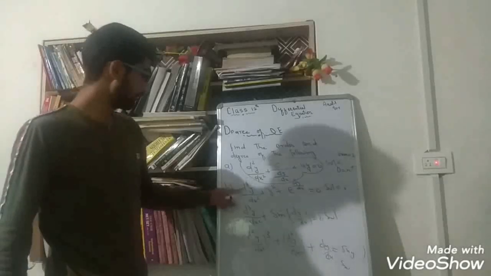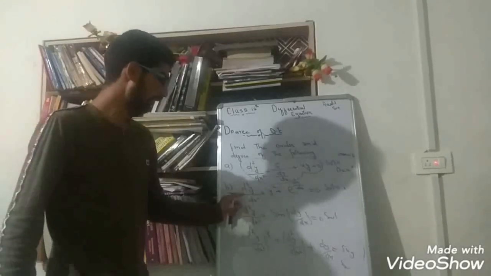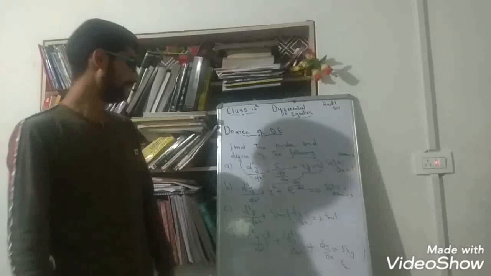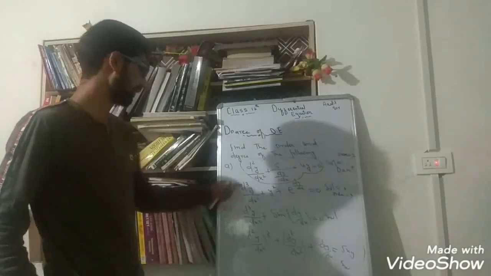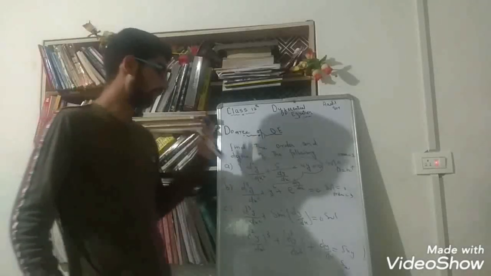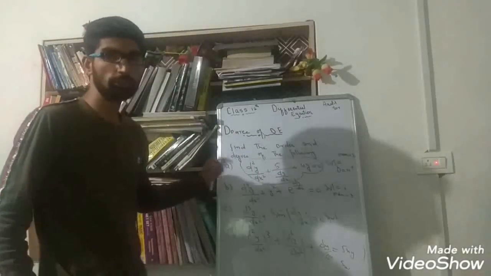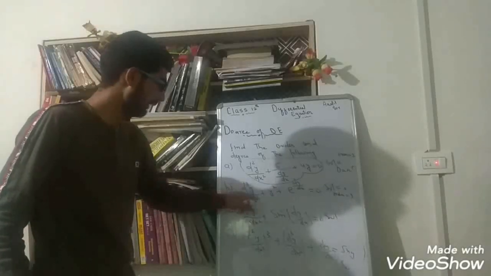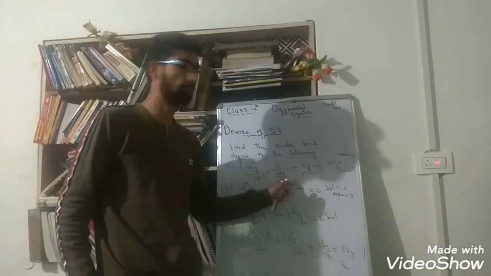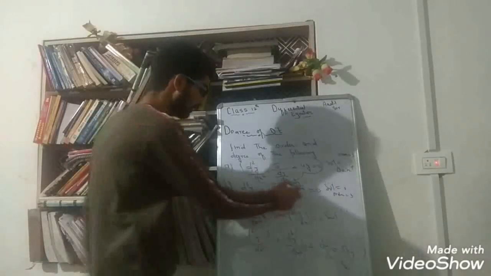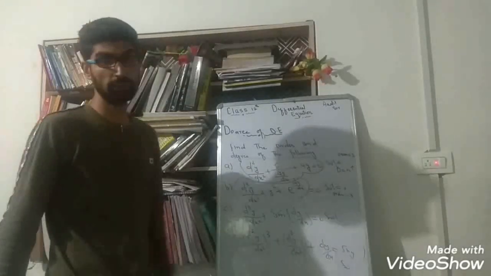Similarly for the next equation, order is 3 because the highest order derivative is d cube y by dx square. But what is the degree? Degree is the highest power of the highest order derivative, and we can determine it only when the differential equation is polynomial. Here we have e raised to dy by dx, so the power is the derivative. So this is not a polynomial, and degree is not defined.